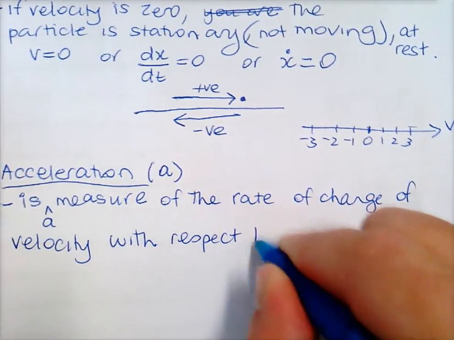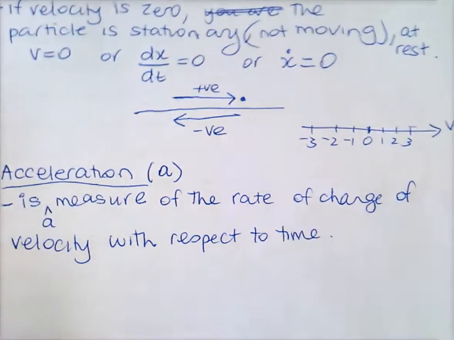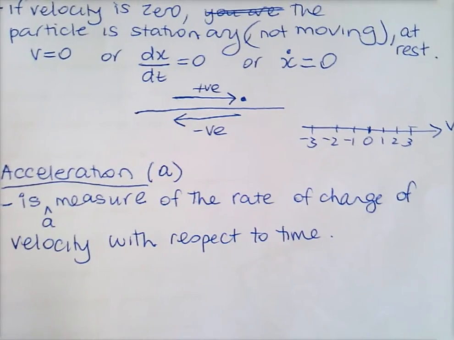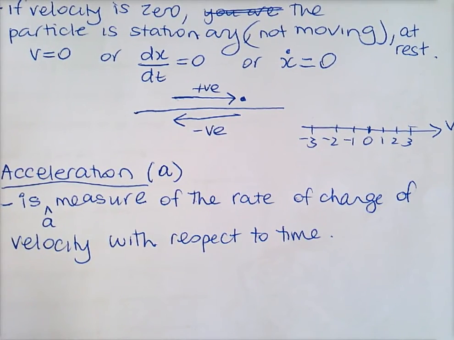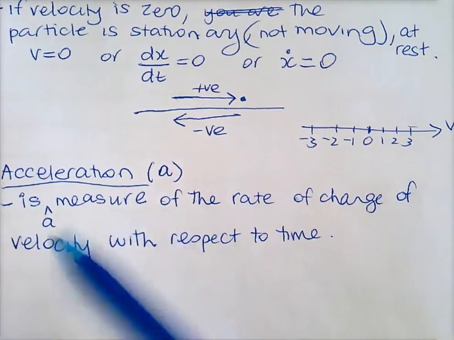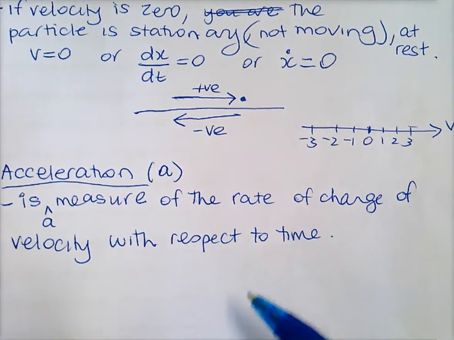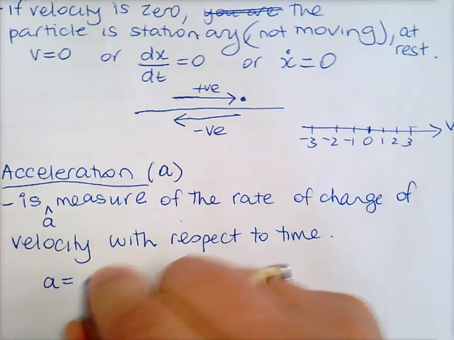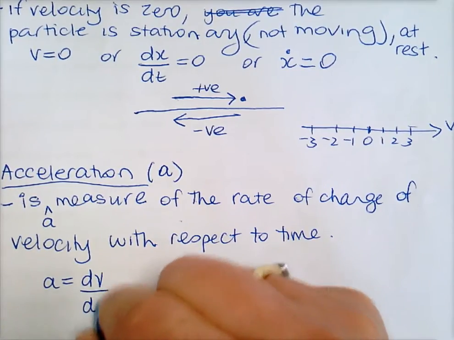Girls, it's really important that you put with respect to time, because in the extension part of the course, you'll be looking at velocity and acceleration, but not in terms of t, in terms of x. So it's really important for the 2-unit course that velocity is dx/dt and acceleration is dv/dt. Okay, so therefore acceleration is dv/dt.